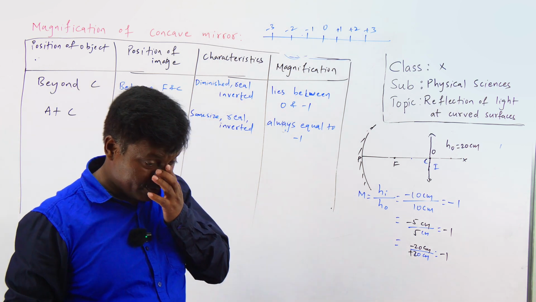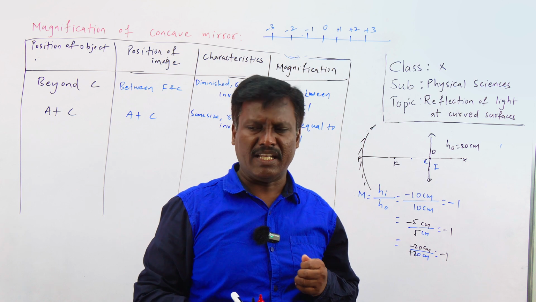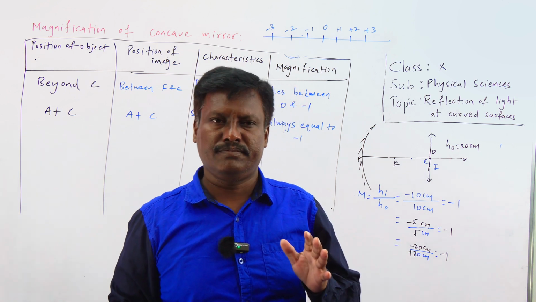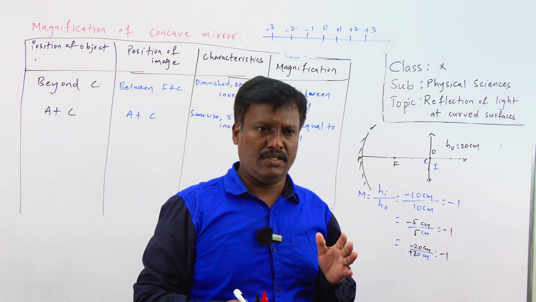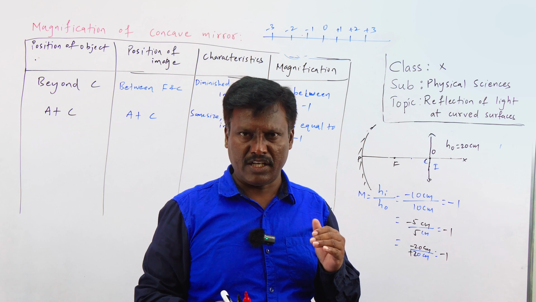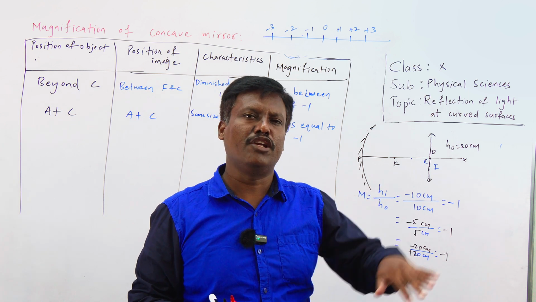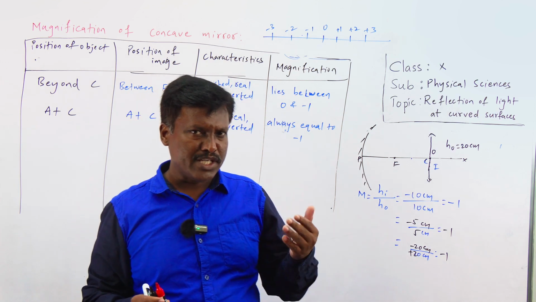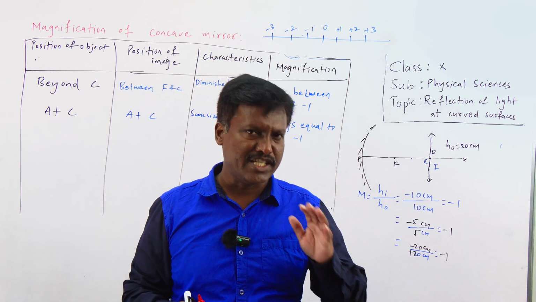Remember, in the board exam, the question comes like this. Draw the ray diagram for an image produced by the concave mirror with magnification value minus 1, or the magnification value of the image produced by the concave mirror is minus 1.